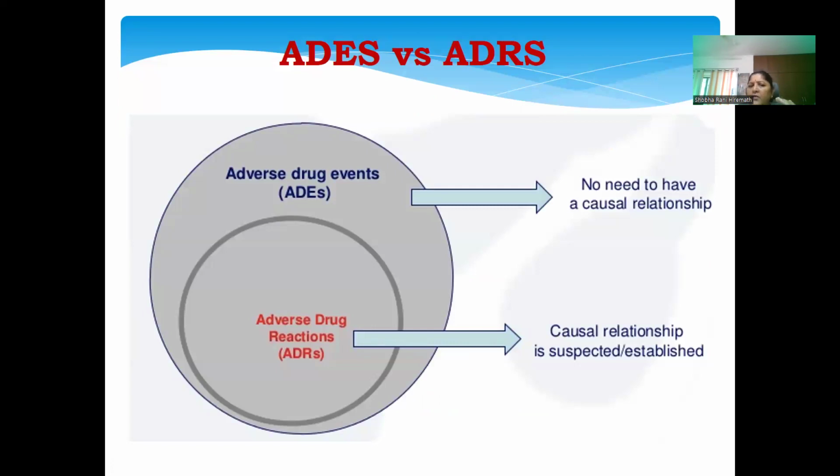Then it is called an adverse drug event. Now, once the causal relationship is established, or it is suspected that the reaction is likely to be caused by the drug, there are some scales which determine that. Once it is established, then the adverse drug event is known as adverse drug reaction.